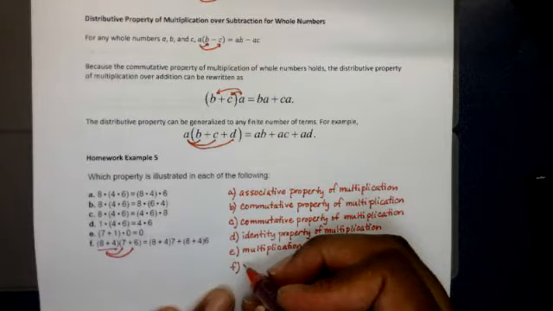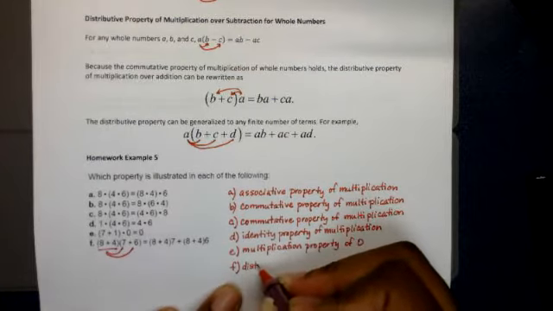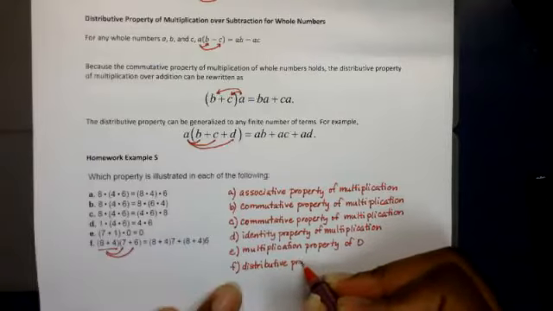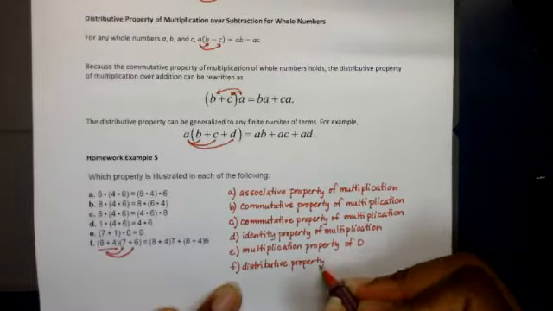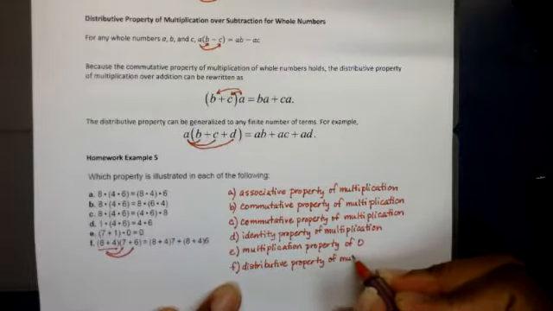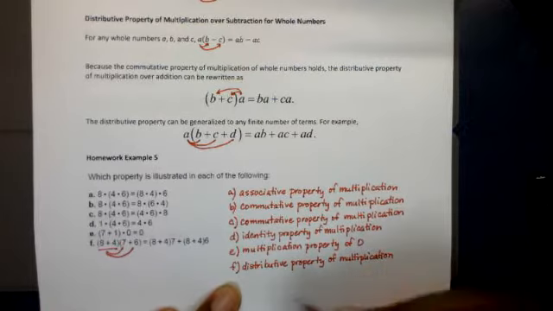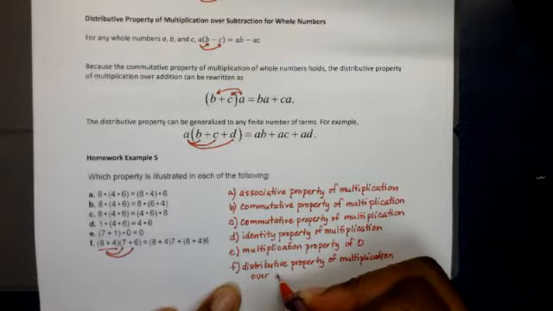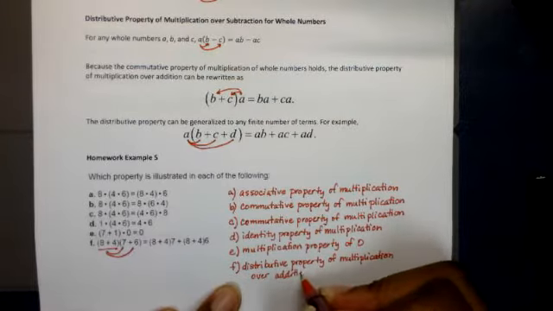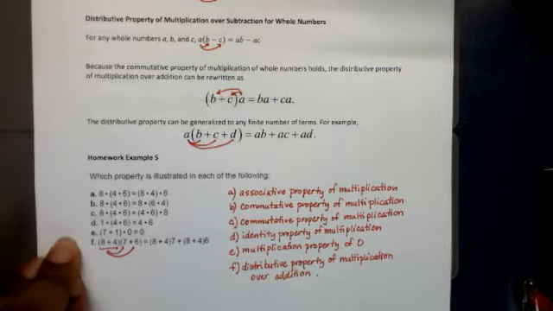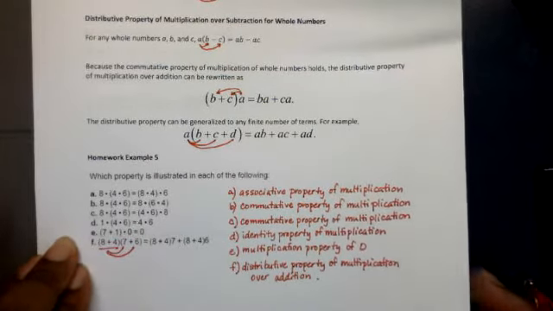So we call this the distributive property of multiplication over addition. So that's how we identify these particular properties here.